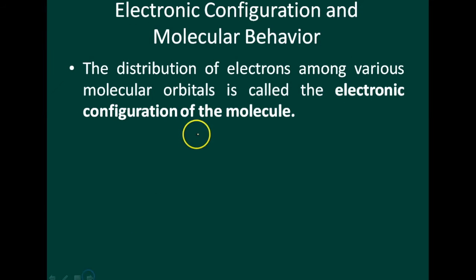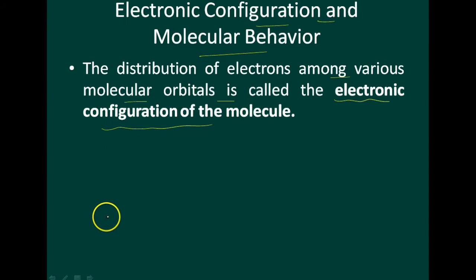Next, electronic configuration and molecular behavior. What is the electronic configuration of a molecule? The distribution of electrons among the various molecular orbitals is called the electronic configuration of the molecule.